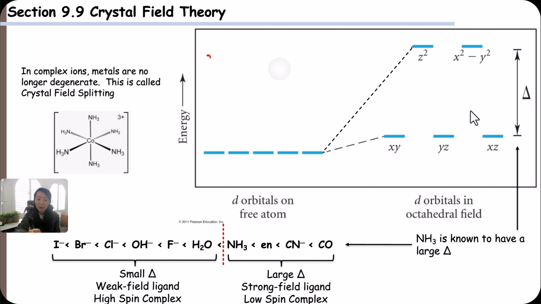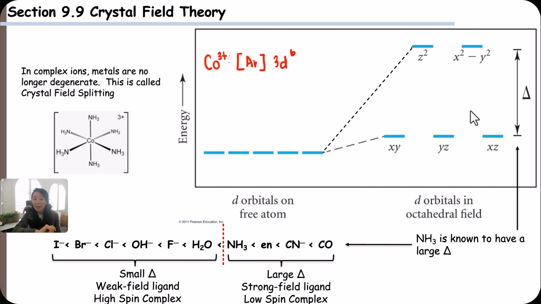So this one happens to be cobalt 3 plus. Okay, so cobalt 3 plus has argon in brackets, and then it would have 3d, 1, 2, ... 6, 3d6.